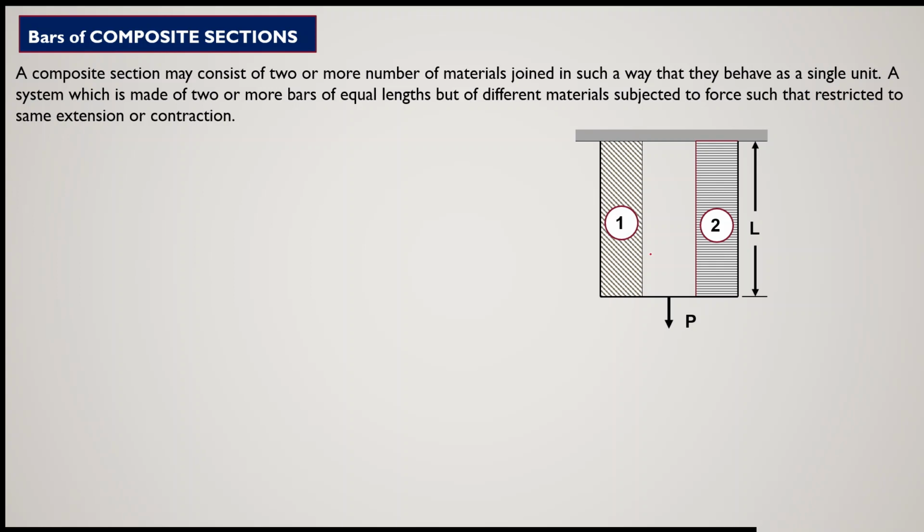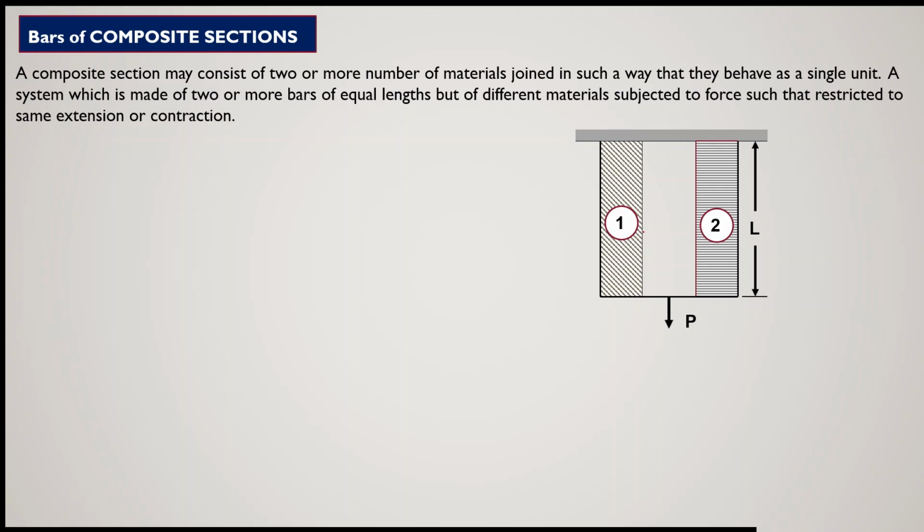That means if member 1 has the possibility of more extension than 2, both will share the load such that the extension remains the same.